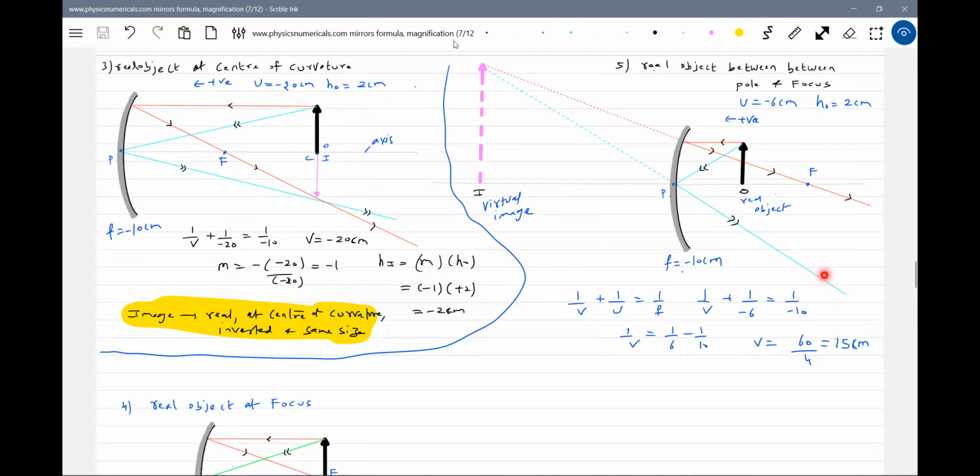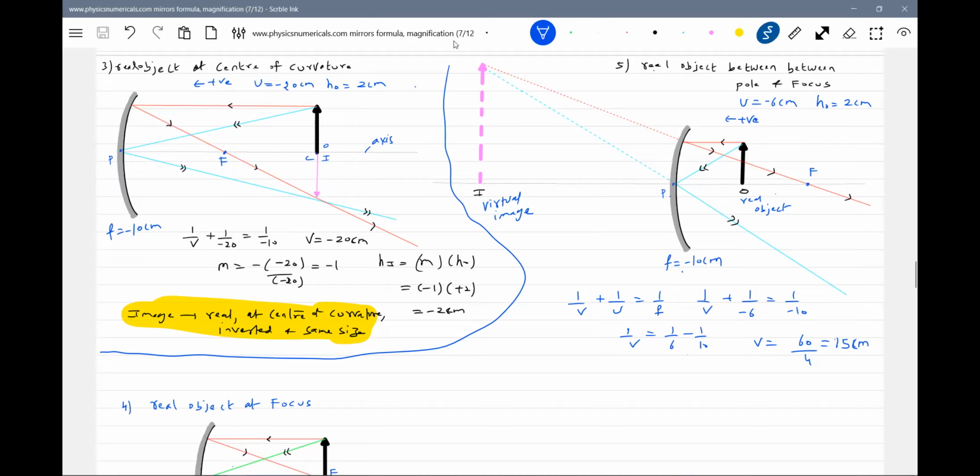Look at these two reflected rays, they're diverging from a point. This will be the position of the virtual image. So therefore the image will be formed as virtual. Look at these two reflected rays, they're converging, so the image formed will be real. So how to say real or virtual image? If the image is formed by converging reflected rays, it is a real image. If the image is formed by diverging reflected rays, it will be a virtual image. That's the primary idea of this problem.